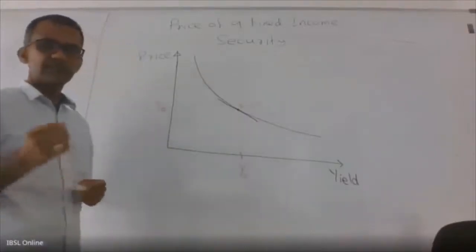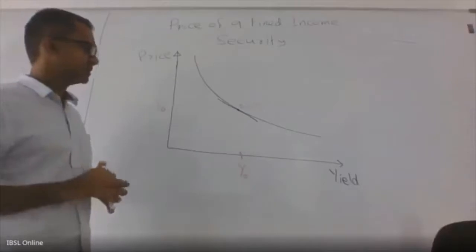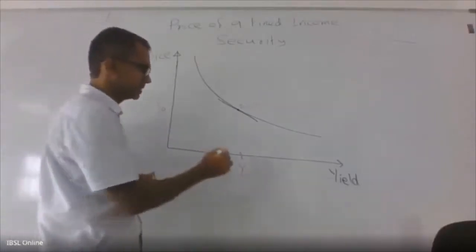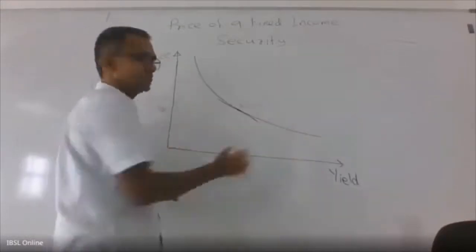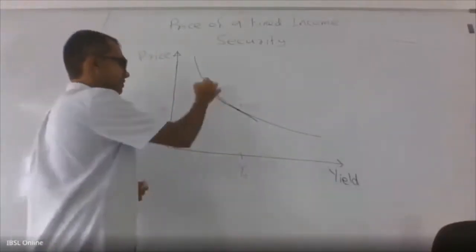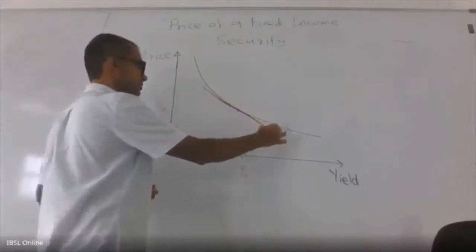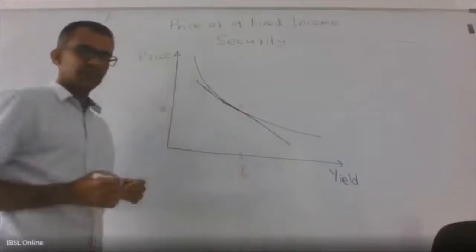That's why it says approximation. It may not give the exact percentage change. The reason is the relationship between price and yield is a curve. If we measure the duration, it gives a measure of the slope, which is a straight line.